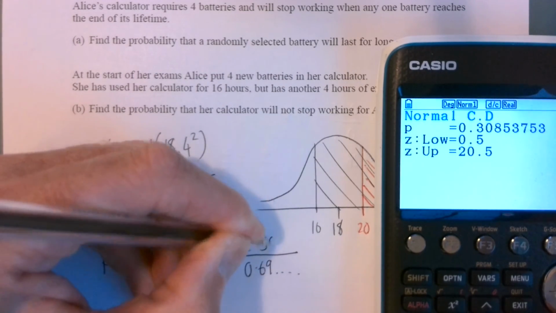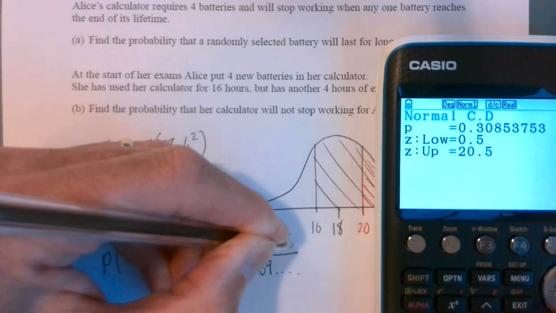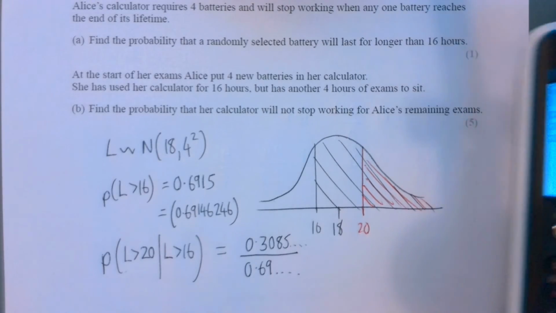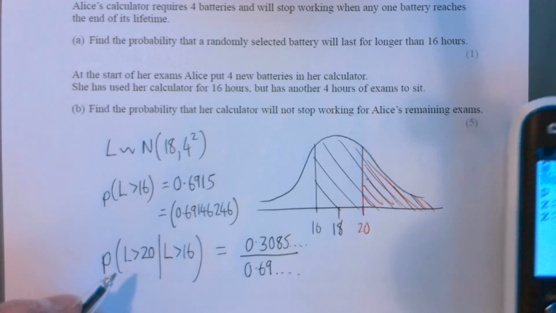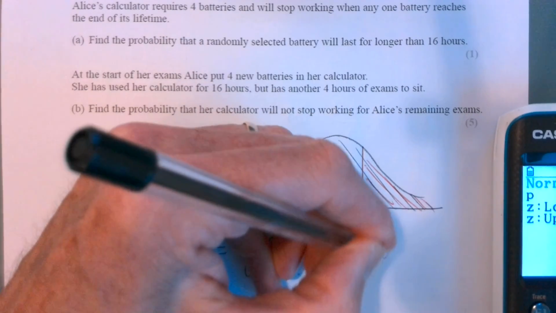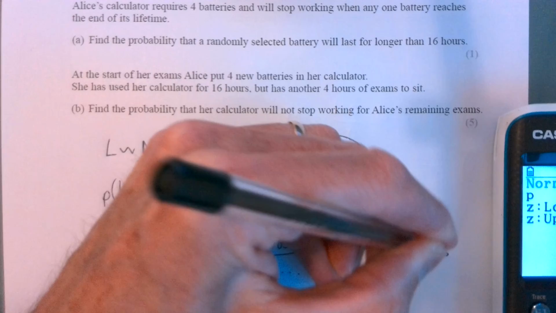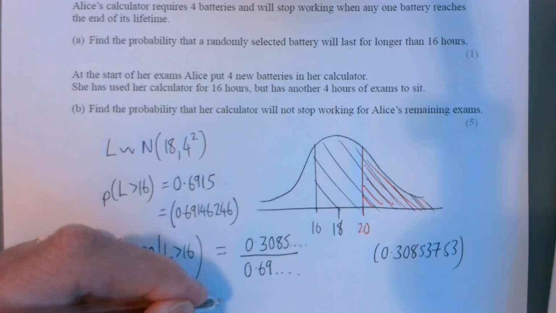So that's 0.3085, and so on. Again, I would write down that exact value. So I need to write down that exact value: 0.3085. Now I'm going to come out of stats mode into my normal mode and work that out.